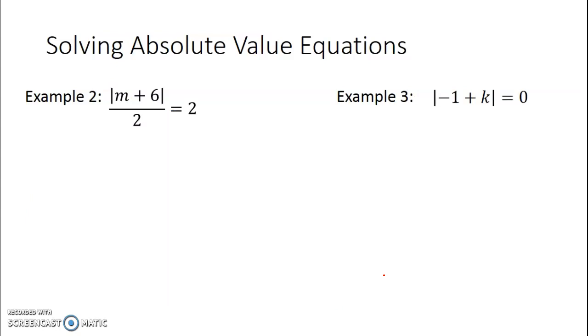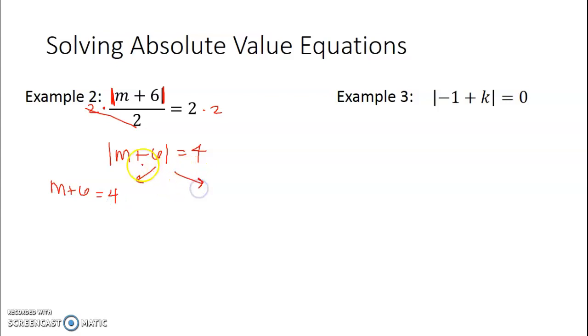For example 2, I'm going to start again by trying to get just the absolute value on this left side. So I need to get rid of this 2 here. Since this is dividing by 2, I will multiply both sides by 2. We'll cancel on this side. I'll be left with the absolute value of m plus 6 equals 4. To get rid of the absolute value lines, I have to write 2 equations. So the first one, I'm going to set it equal to this 4.